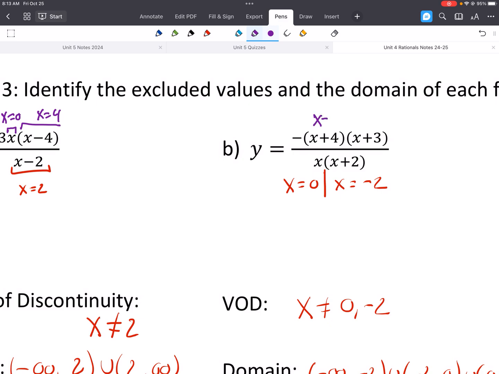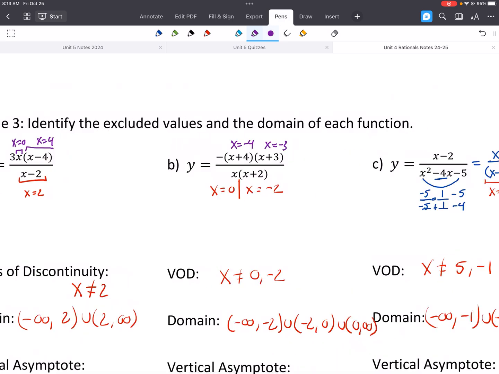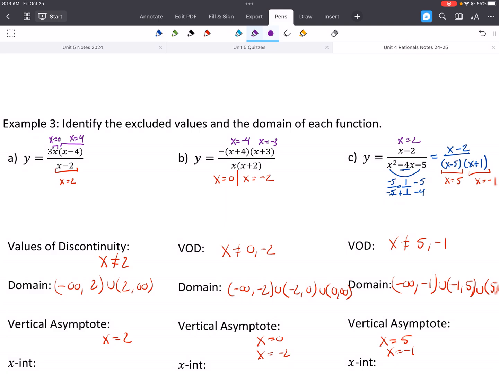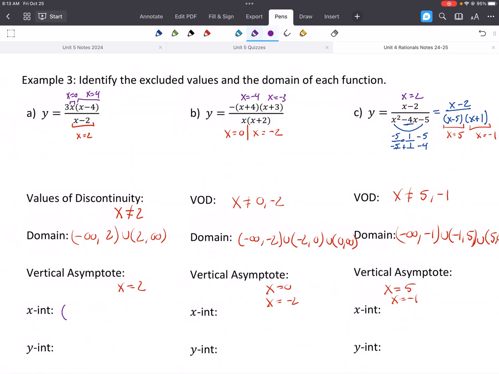So here x would either be -4 or x would have to be -3. And then here we'd have x equals 2. So we could write those x-intercepts (0, 0) and (4, 0). This one would be (-4, 0) and (-3, 0). Here we would have (2, 0).